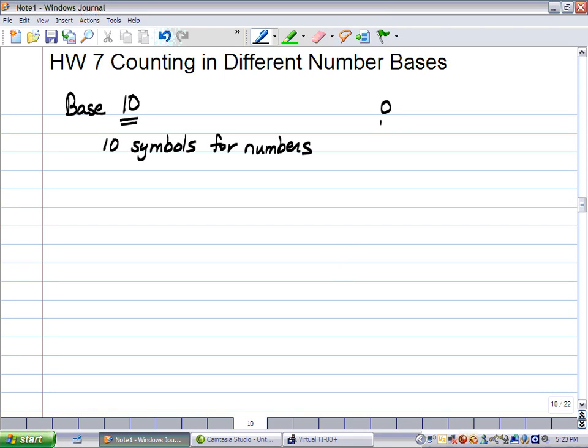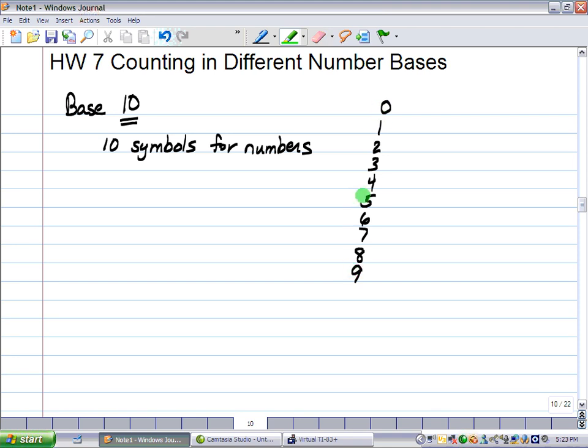We start with 0, 1, 2, 3, 4, 5, 6, 7, 8, 9, and notice that is 10 different symbols. There's our first symbol, our second, our third, our fourth, our fifth, and so on, down to our 10th symbol. So we are in base 10, but our highest symbol represents 9.